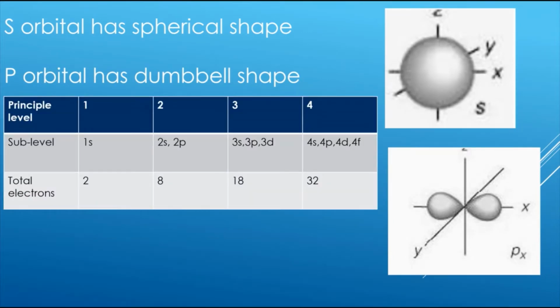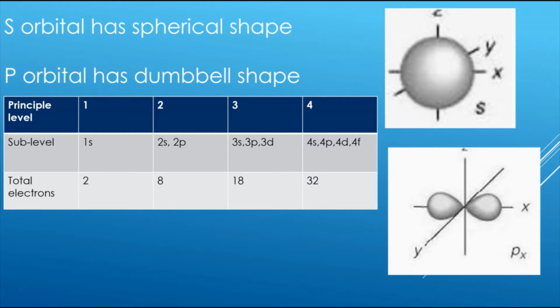Alright, you can see the principal levels and the shell numbers at the top. So we have 1, 2, 3, 4, and the subshells below that. As we move on to the higher principal energy levels, so the higher shells, the number of subshells increases.